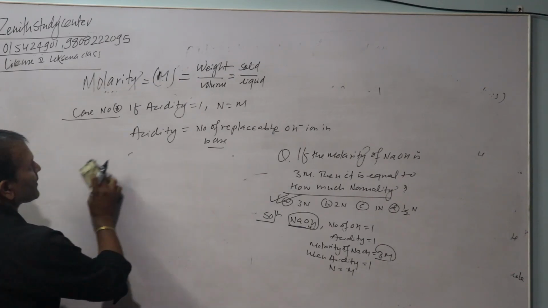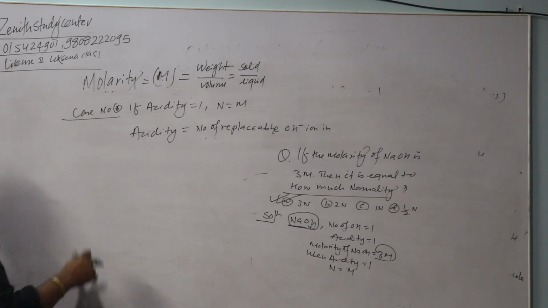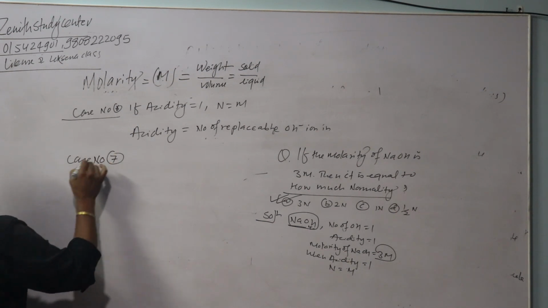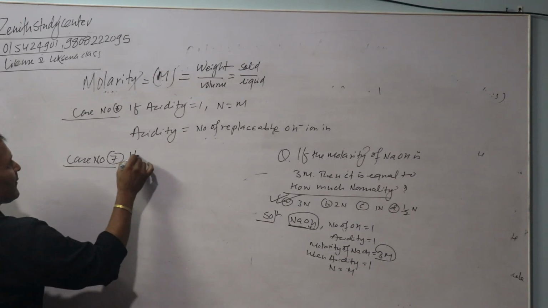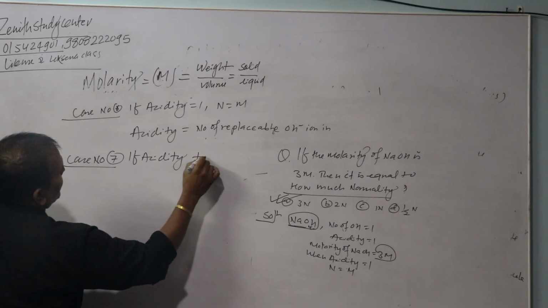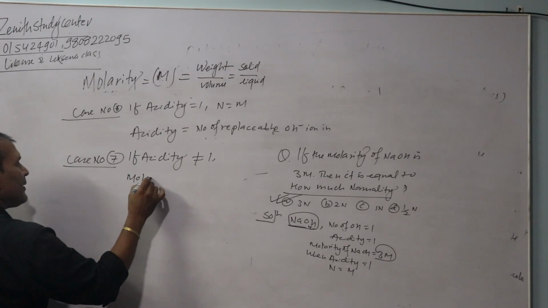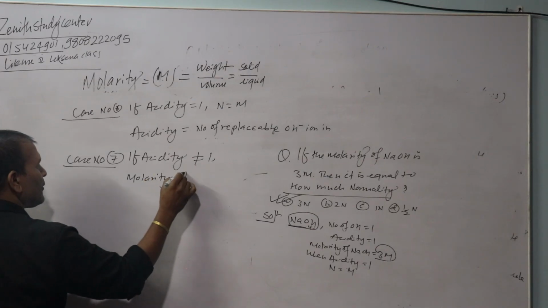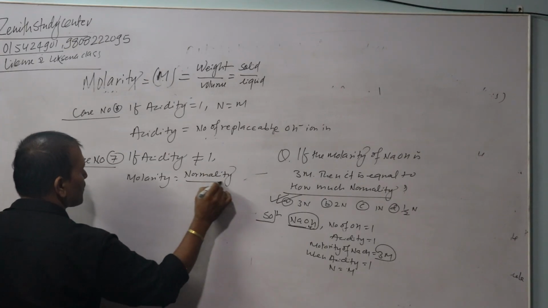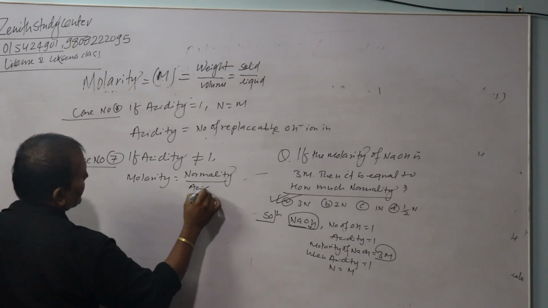Case number 7. If acidity is not equal to 1, then what is the relationship? Molarity is equal to normality by acidity.